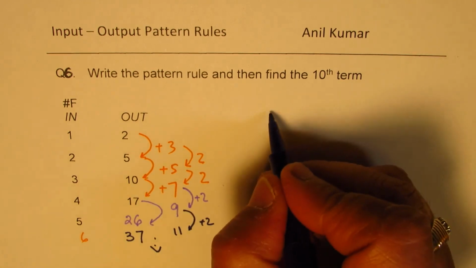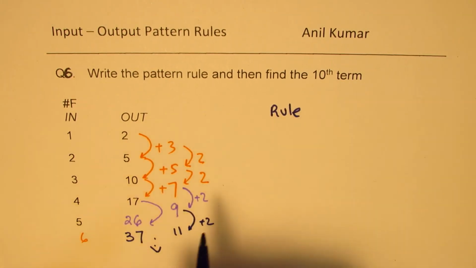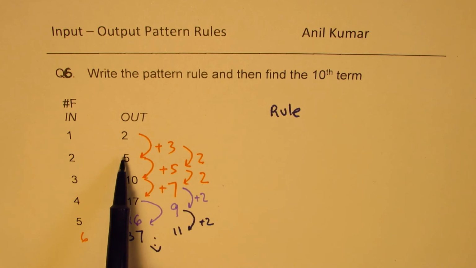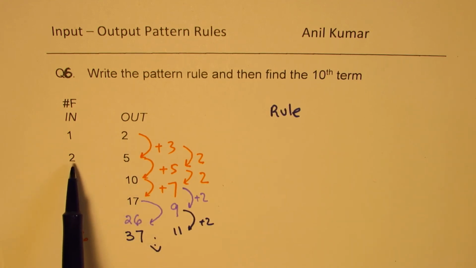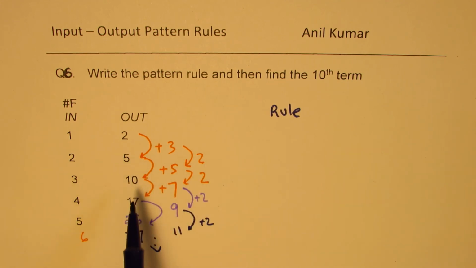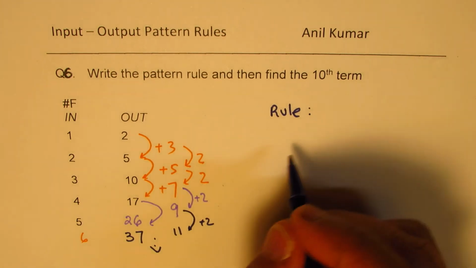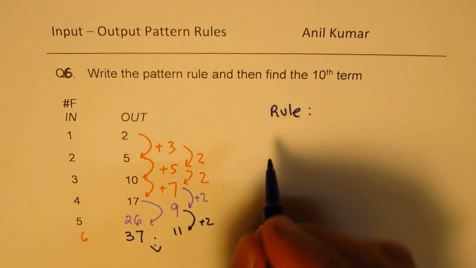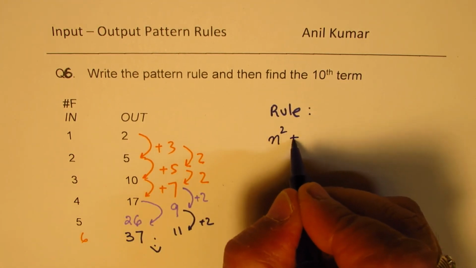Or you can use a rule. You will notice that these numbers are 1 more than the perfect square, right? For example, this number for 2 is 1 more than a perfect square, right? So the rule is the square of a number plus 1, n square plus 1.